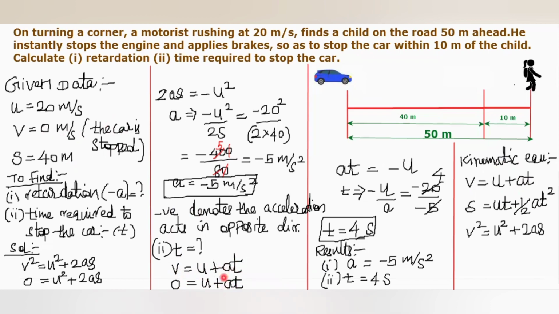So rearrange the equation, we can write at equals minus u, and then t equals minus u by a, then substitute the values of u and a. When simplified, we will get the value for time. Then finally the results are noted.